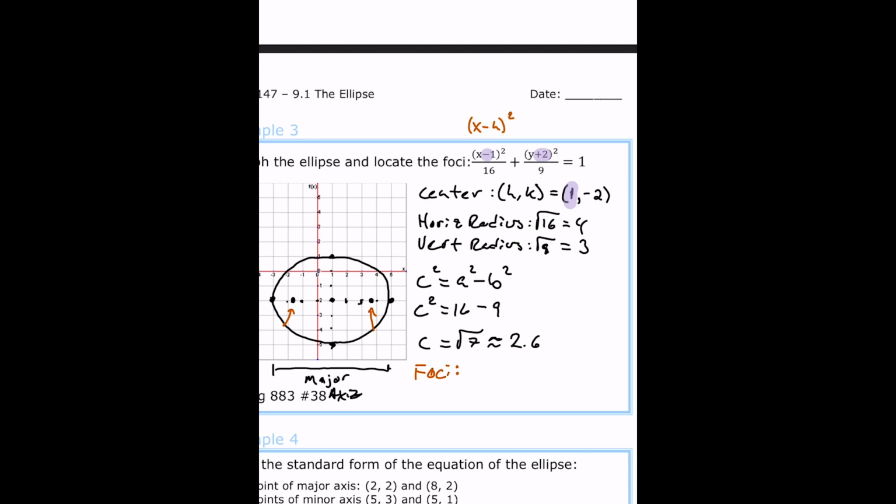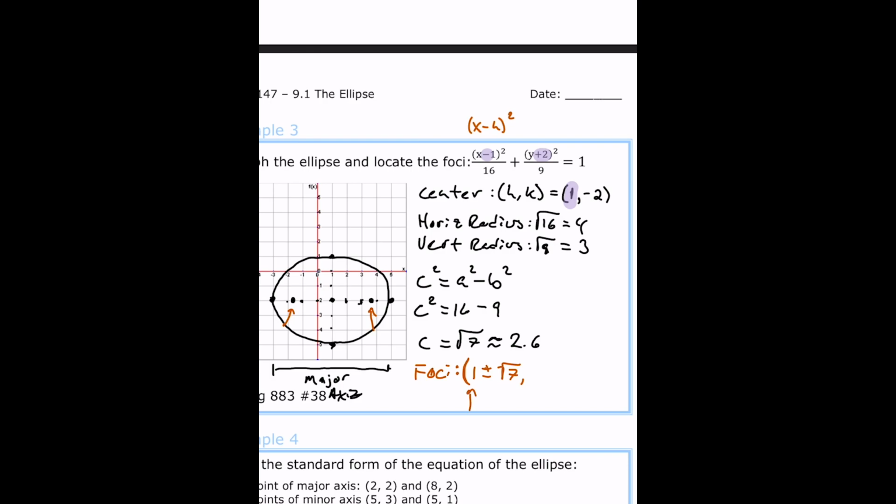And the foci, remember that we got to those two locations by starting at our center, which had an x-coordinate of positive 1, and then we moved in the positive or the negative direction. I'm not going to say 2.6, I'm going to use the exact value of the square root of 7.